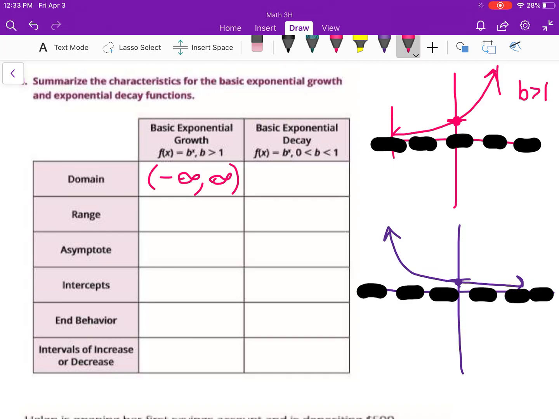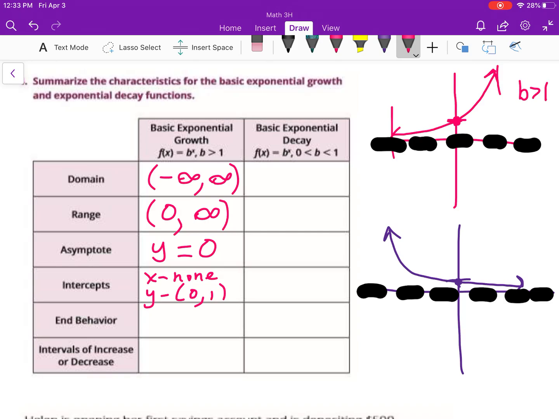It won't touch it, but the range begins at 0 and goes to infinity. The asymptote is obviously the x-axis, which is y equals 0. There are no x-intercepts, but there is a y-intercept at 0, 1.